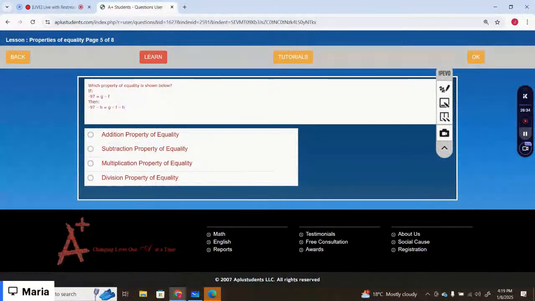Which property of equality is shown below? If negative 97 equals g minus f, then negative 97 minus h is g minus f minus h.